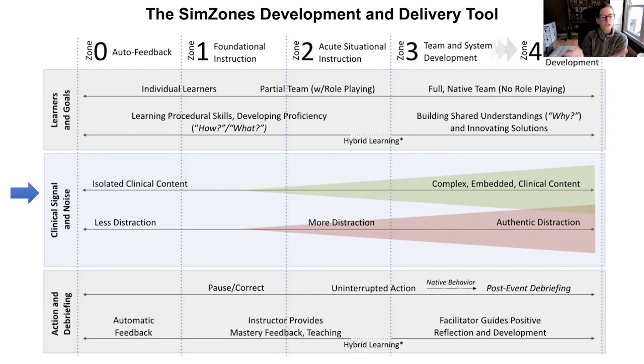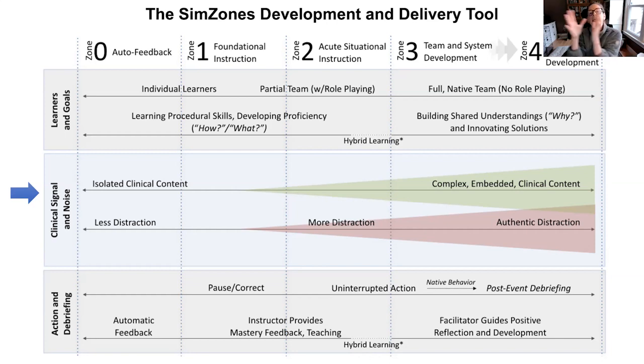So acute situational instruction is simulation, but it's scaffolded simulation. It could be pause and discuss. It could be a faculty coach in the room, but we're not saying to them, so great, you're going to see a patient today and it's going to be a code. Or we don't even tell them it's going to be a code. And off they go and they're completely overwhelmed.